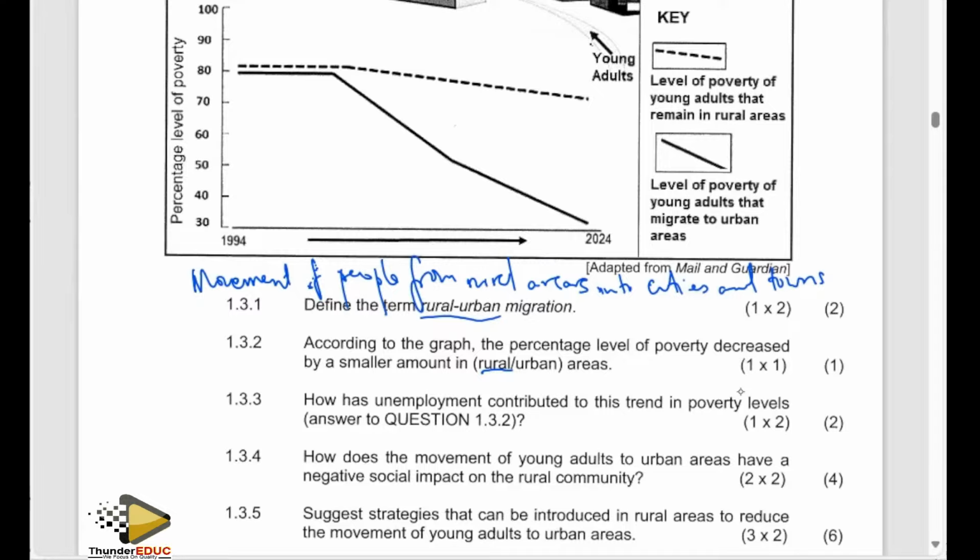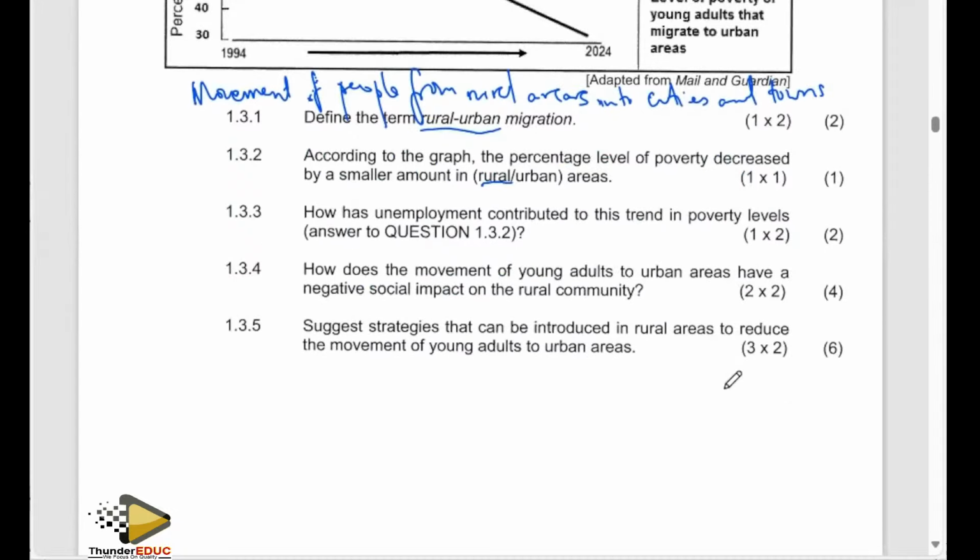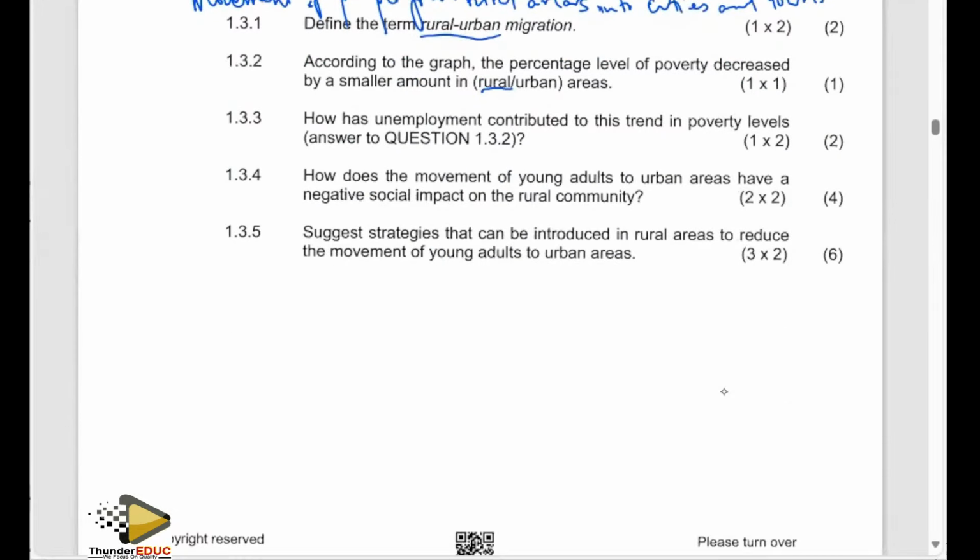How has unemployment contributed to this trend in poverty levels, in question 1.3.2? Right, we are saying unemployment contributed to this trend. Why is it that unemployment is contributing to the trend of this small drop in the levels of poverty?